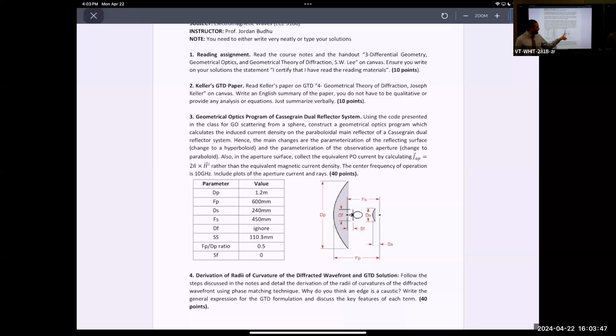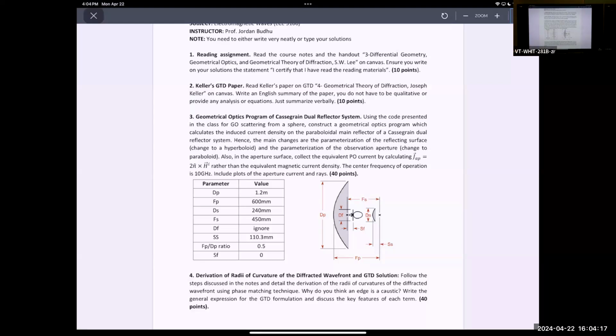So what happens? If you put the feed at this focus, it radiates, it scatters off of the hyperboloid, and it makes its way to the main reflector, the paraboloid. But because of the way these foci work, it's as if you are imaging this feed to the other focus, right? So what you could think about is removing this hyperboloid and placing the feed at the virtual focus, and that illuminates the main reflector. It's the same thing, right?